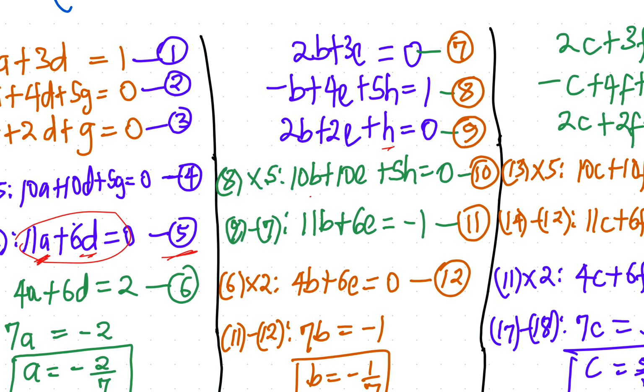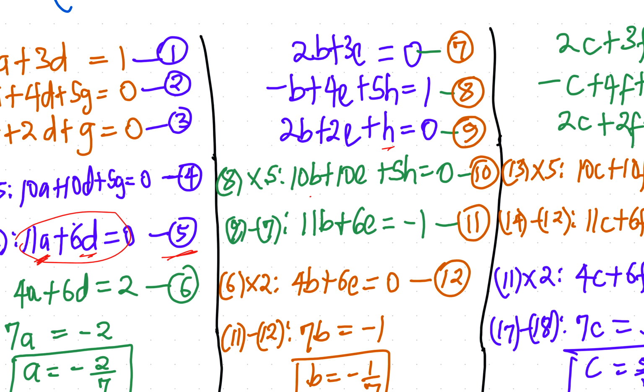Okay, what is happening here? Let me see. I wrote 9 minus 7. So this is 11b plus 6e. No, this shouldn't be.